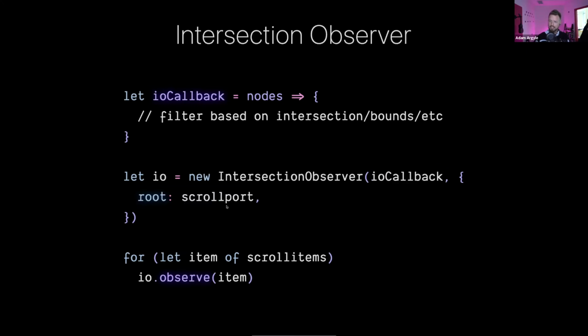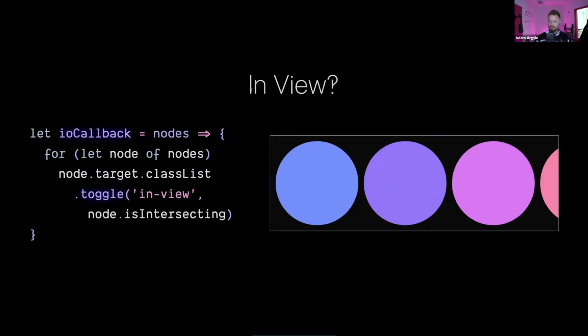In this case, you tell it which scroll port to watch, referenced as root here. And then you observe items. You go through each of the scroll items and tell the IO you got back to observe each of these items. So as this particular item comes into this particular scroll port, it calls this callback with information about how much it's intersecting, etc.